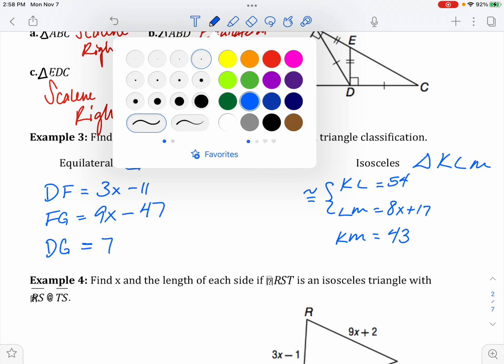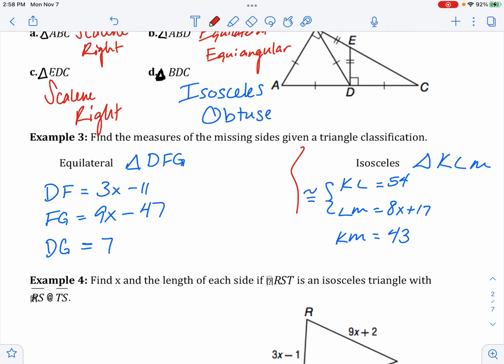All right, now if you were to pause the video and solve these, you'll find your answers, and then you can unpause and check your work. For the equilateral triangle, it doesn't matter which one you set equal to which, right? These are all three equal, so you could pick your favorite two. I might pick 3x minus 11 equals 7, just to keep the numbers nice and small. So x should be 6.